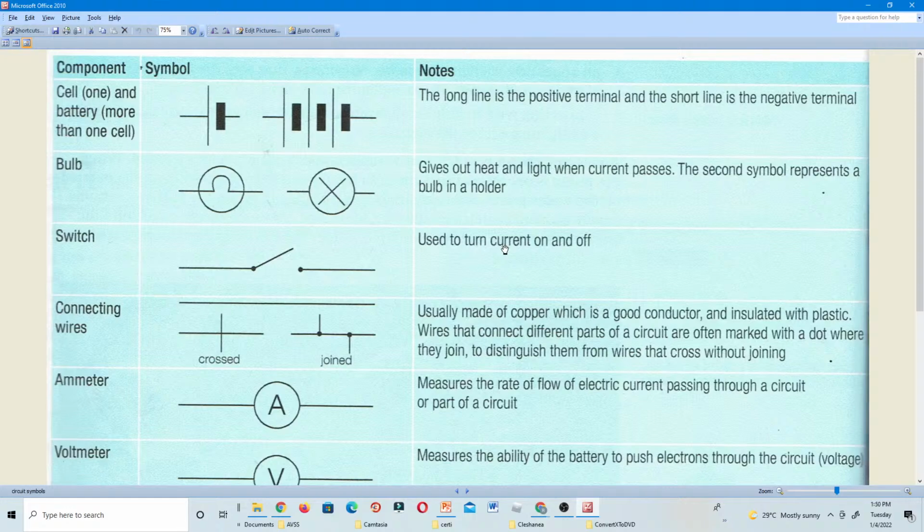Moving down with the symbols, you see that one that is known as you have cross and you have join. Wires are usually made of copper, which is a good conductor, and insulated with plastic, and wires that connect different parts of the circuit are often joined with a dot.